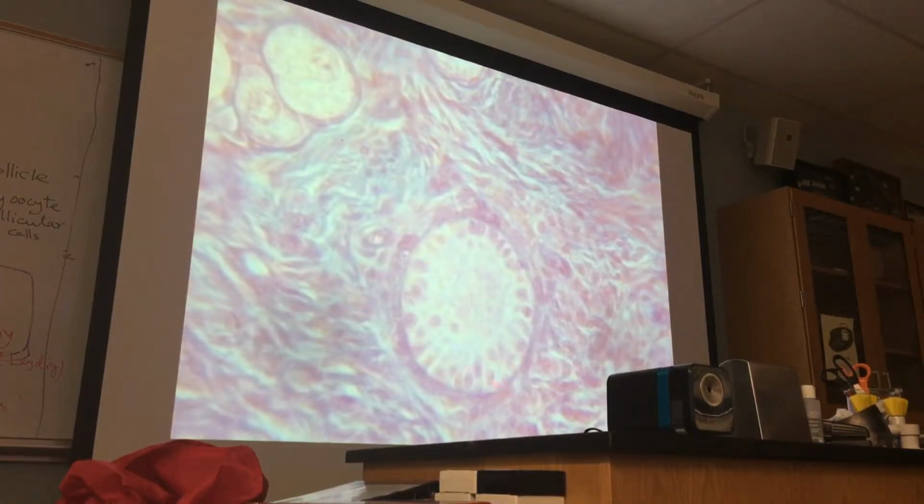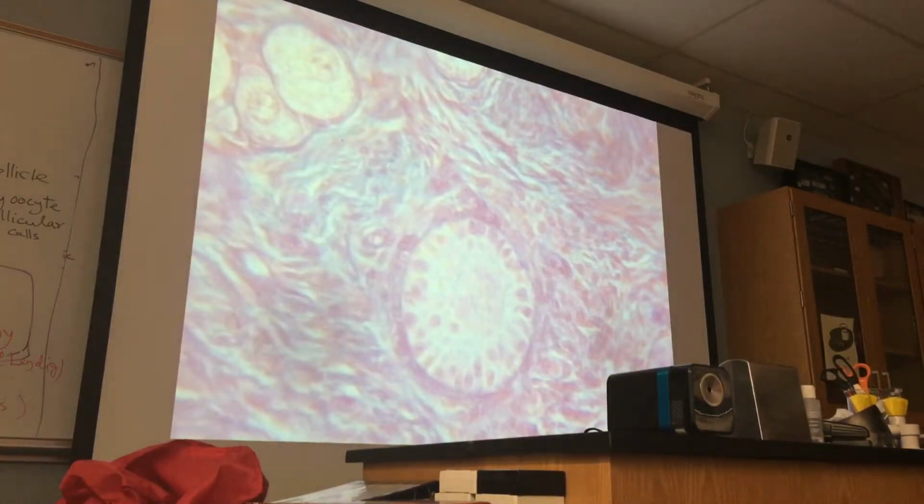So if I ask you, identify the cell as indicated, what is the name of the cell? Primary. No, granulosa cell, just granulosa cell. And this is primary oocyte. What is the name of the cell? Primary oocyte. What is the name of the cell? Follicular cell.